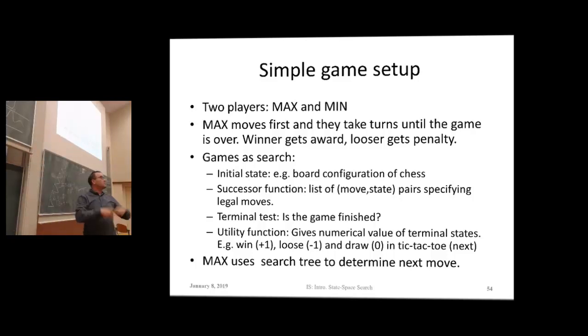Then we look at all the possible moves that a player can make, in the first instance player Max. What can Max do in the first iteration? Then, according to the rules of the game, you switch. First it's Max, then Min, then Max, then Min.